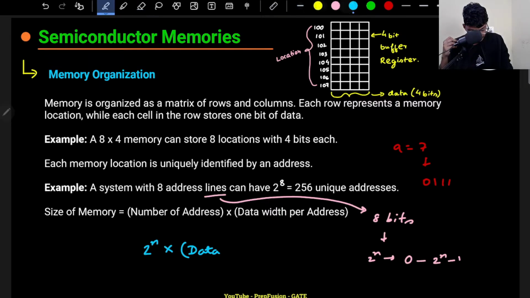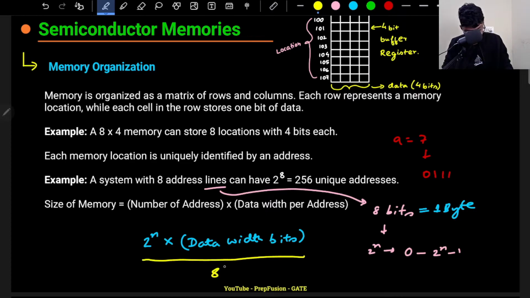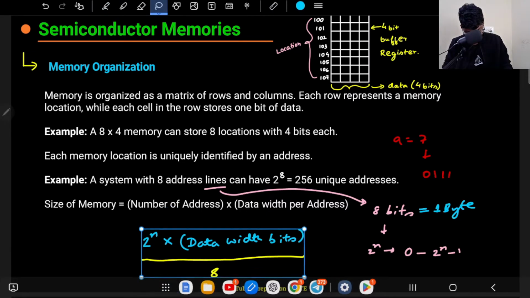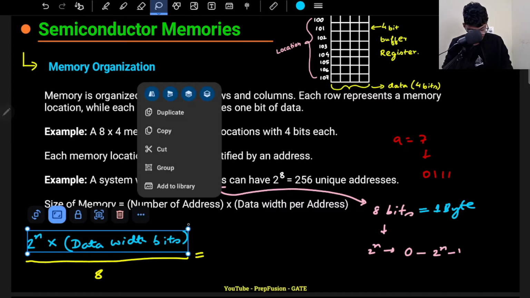Generally we define our memory size in bytes. So if you are writing the data width in bits, what I know is 8 bits equals 1 byte, correct? So we divide this by 8, because I have to convert it back into bytes. Or I can write the same thing by defining the data width in bytes.